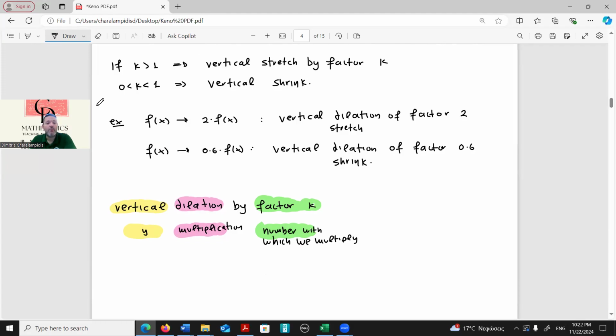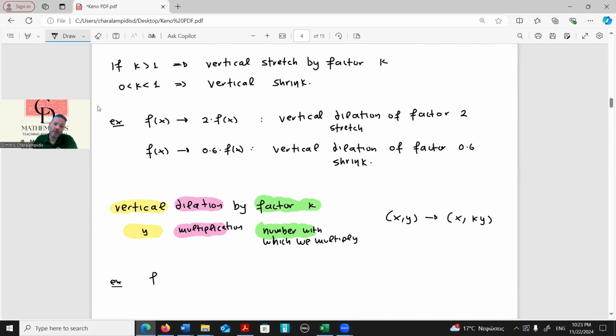multiply the y-coordinate of the point by k, which means that under this transformation, the random point with coordinates (x, y) will move to (x, ky).